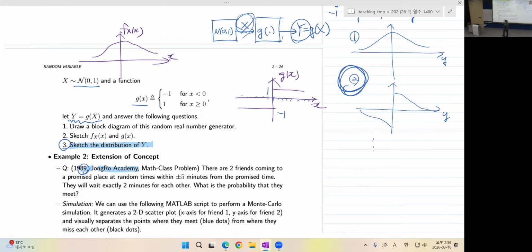And here goes one very similar problem. There are two friends coming to a promised place at random times within plus minus 5 minutes from the promised time. And they will wait exactly 2 minutes for each other. What is the probability that they meet?